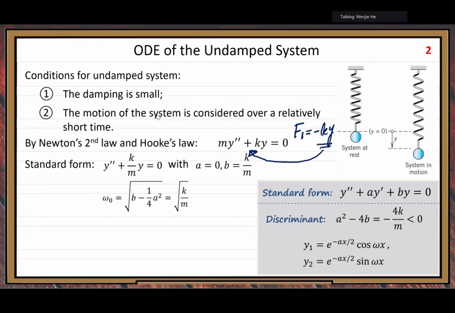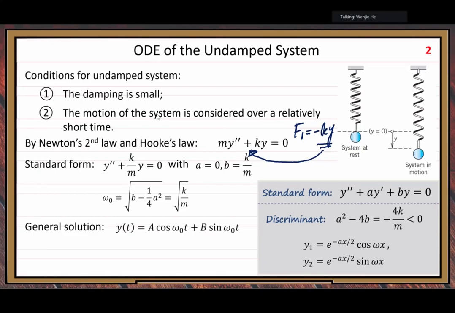Because this expression, square root of k over m, we want to use a simpler symbol, omega 0, to represent this constant. Then we can write a general solution for this undamped system. That's sine, cosine.